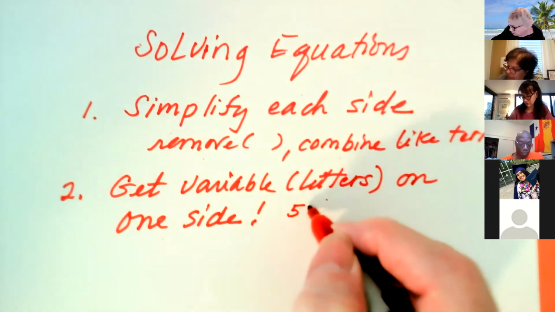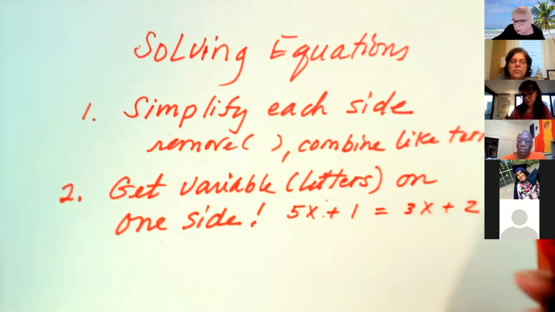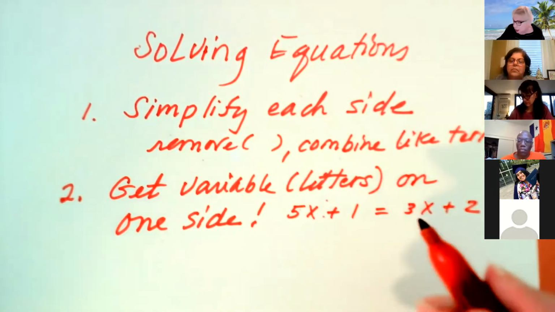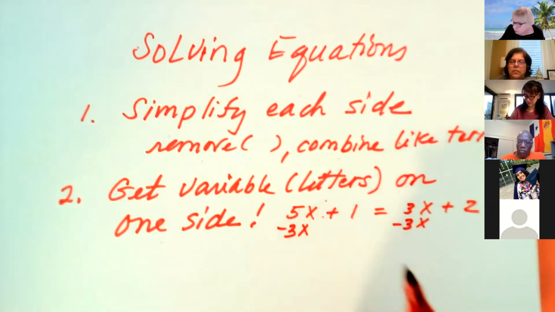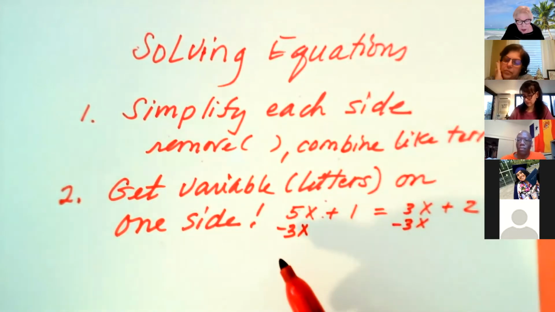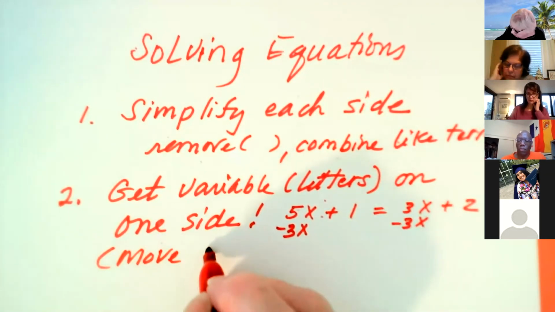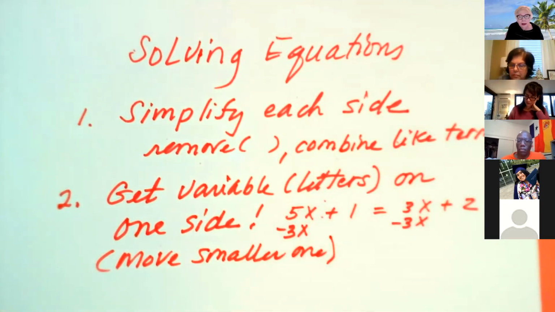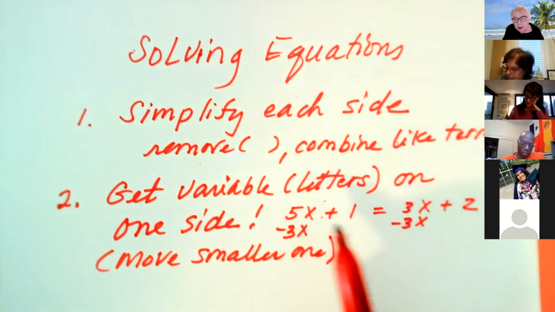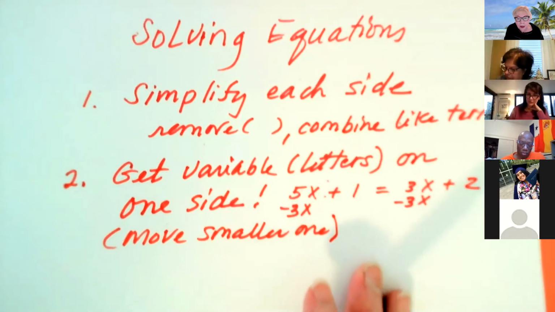So for instance, if I had 5x plus 1 equals 3x plus 2, I would subtract 3x from each side at that point to get the letters to one side. And I would move the smaller one. It makes it just a little bit easier because then you avoid negatives.